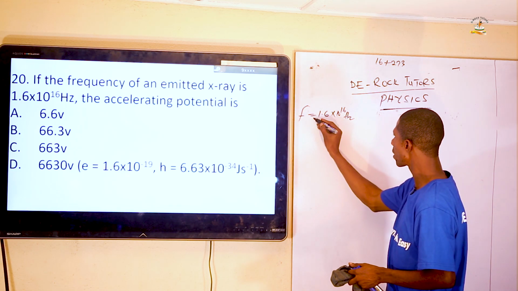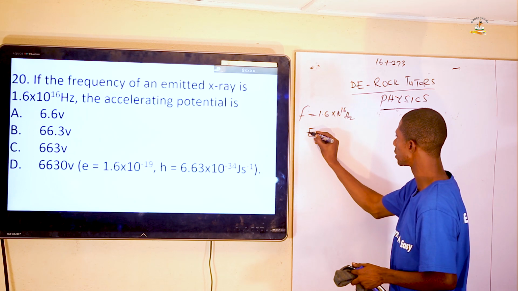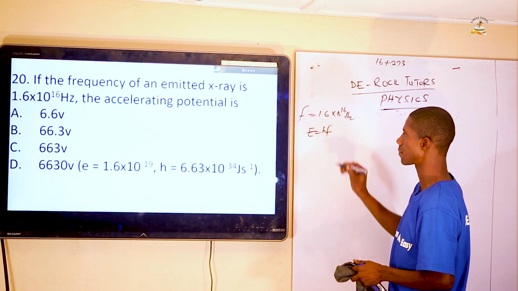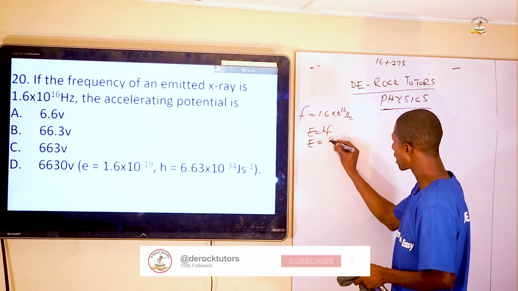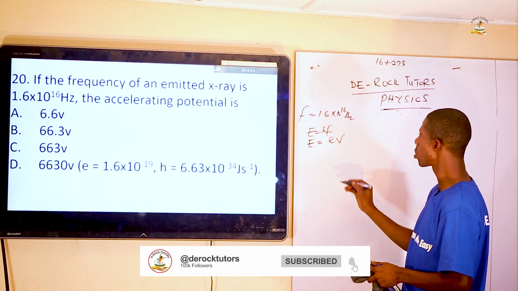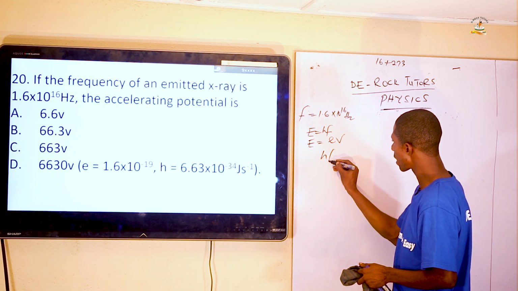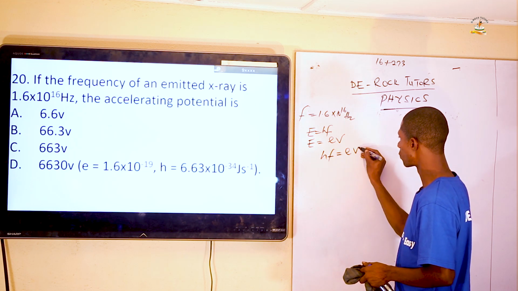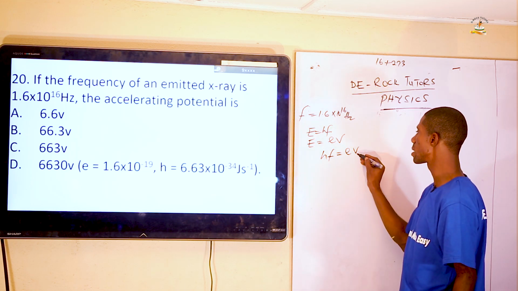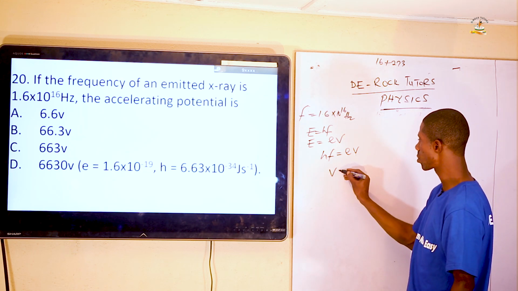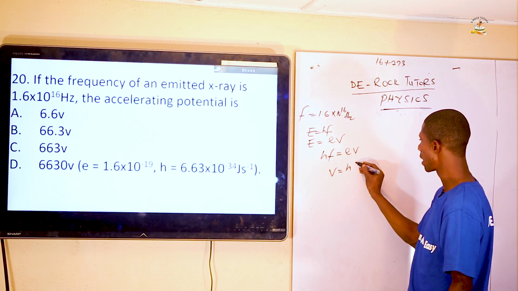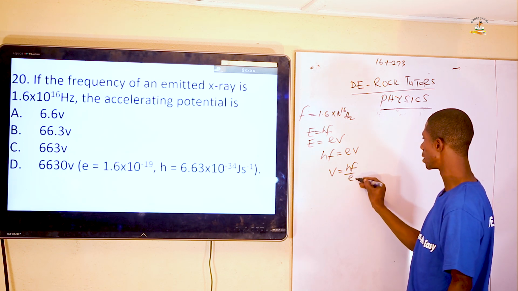This frequency relates to energy as E equals HF. This same energy can be in electron volts, so equating HF to eV, what we want is the potential difference V. Making V the subject, we have HF over e.